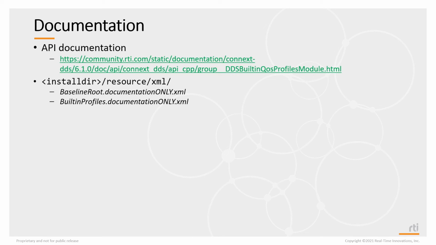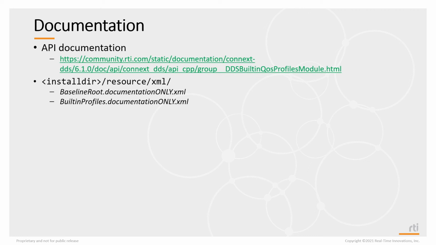These two files basically are what those profiles look like if they were being created in XML, using the XML formatted way of defining QoS profiles and QoS snippets. However, neither of these two files is used. They're never loaded by RTI Connext DDS applications, so they only serve as documentation.